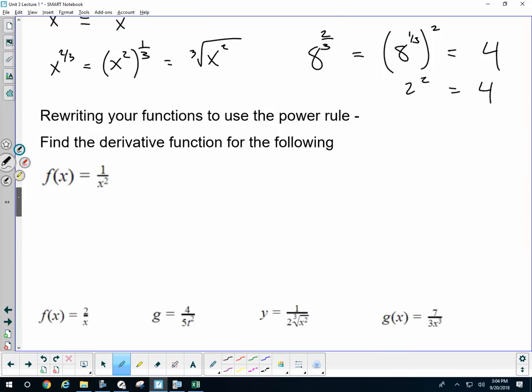So say we have like 1 over x squared. Our first instinct using the power rule is to say that the derivative of this, the equation of the tangent slopes, the equation of f prime, is just 1 over, bring the 2 down, minus 1, 2x to the first. But this is incorrect.